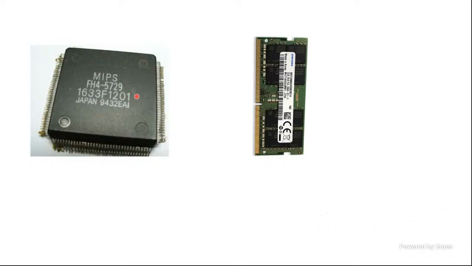This is one of the implementations of the MIPS processor, and the other is a picture of a memory card. Probably some of you have experienced this when you want to extend or increase the memory of your laptop: you need to open the back cover and replace one card with another. This is that same memory card, a 32 GB memory card.